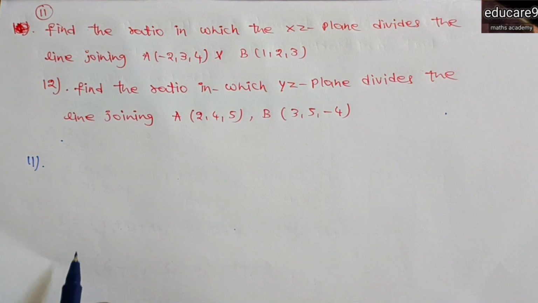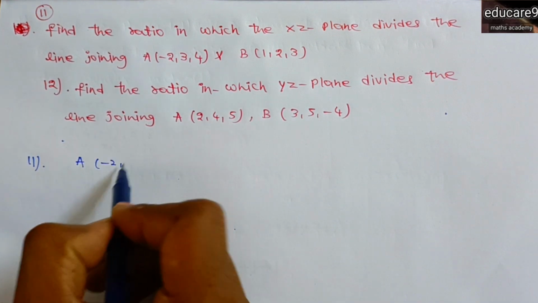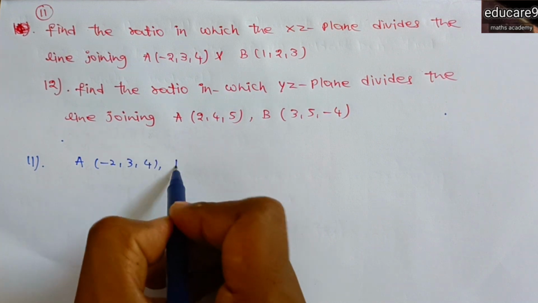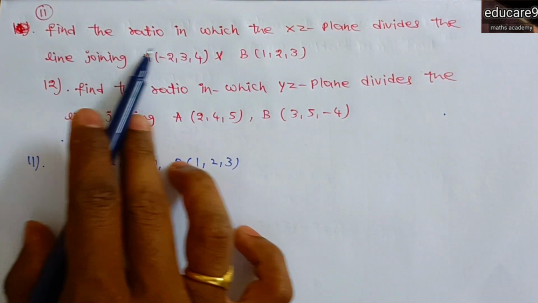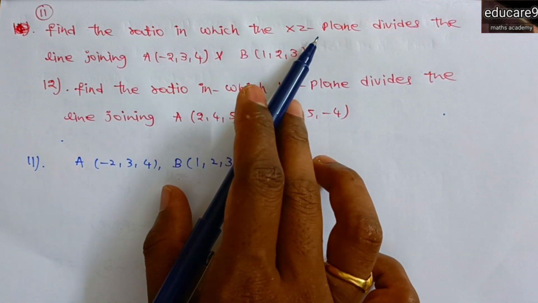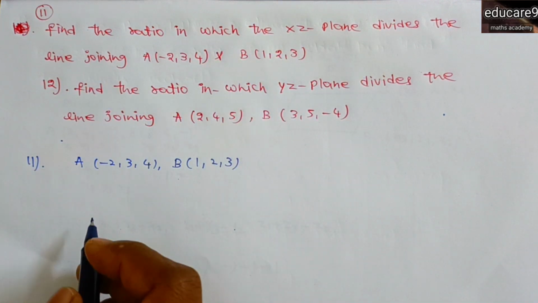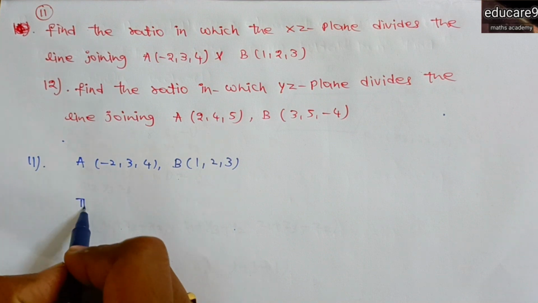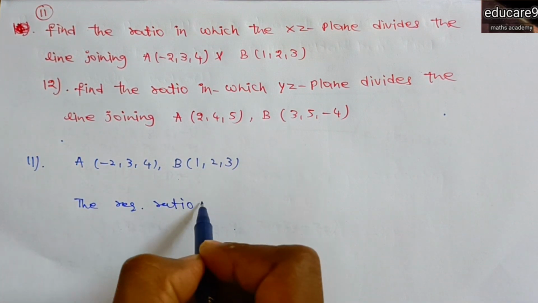So next, question number 11. The given points are A (minus 2, 3, 4) and B (1, 2, 3). You have to find the ratio in which the XZ plane divides the line joining AB. So what is the required ratio?